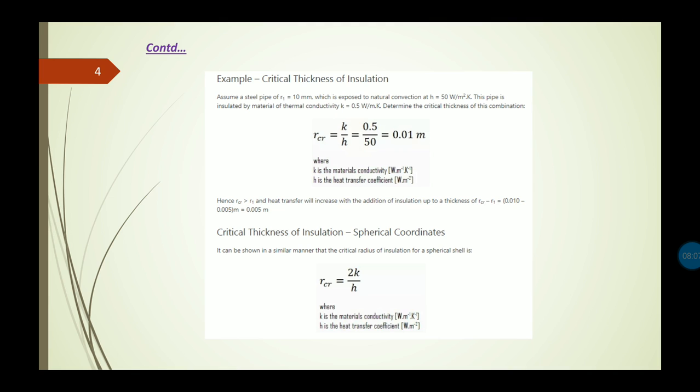So this is the formula for the critical thickness of insulation in the case of the spherical coordinate. For the first case, the steel pipe, R critical is k by h, and for the second case R critical equals 2k by h.